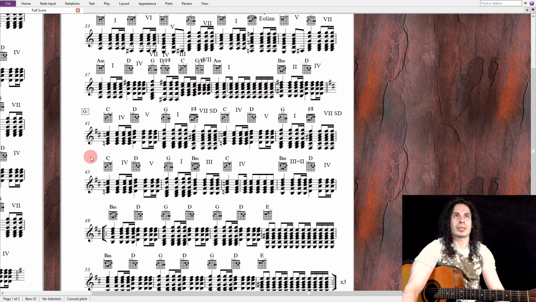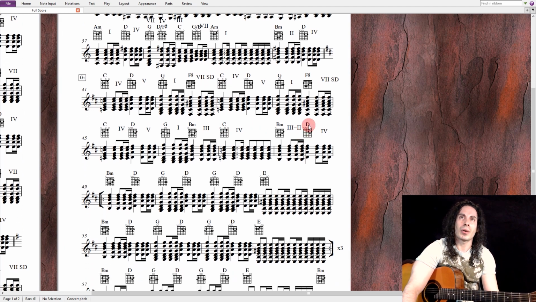So C is the fourth, D is the five, G is the one, F sharp is the seventh secondary dominant, and the same thing.